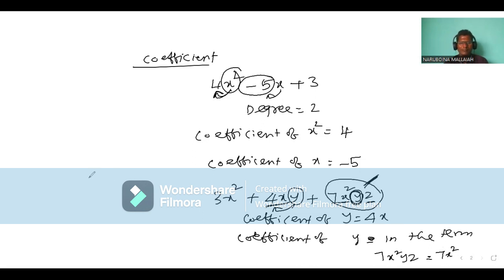Whatever letters are left, that entire thing is considered the coefficient of that particular thing. So the coefficient of y for this term is 7x square z. If I ask you the coefficient of z for this term 7x square yz, leave z and write all the remaining things, 7x square y. So this will become the coefficient of z in that term.